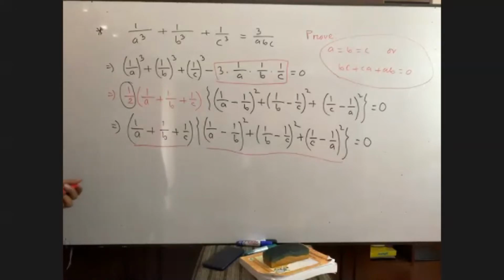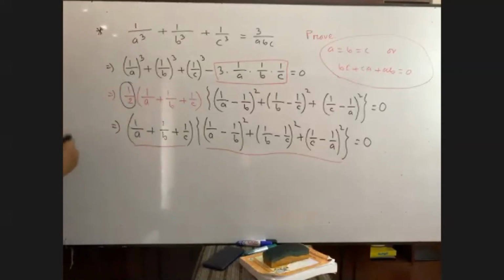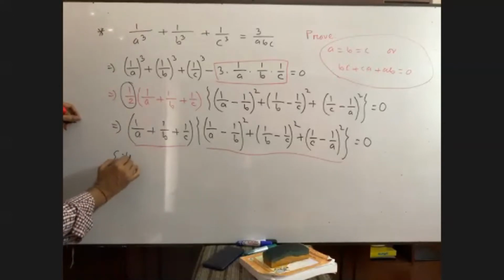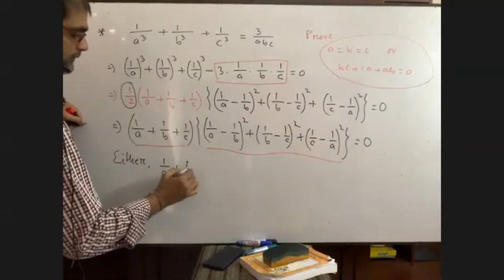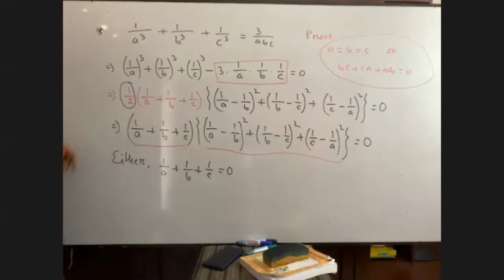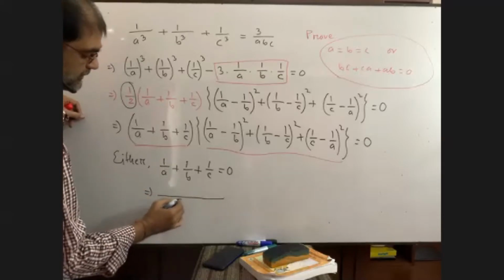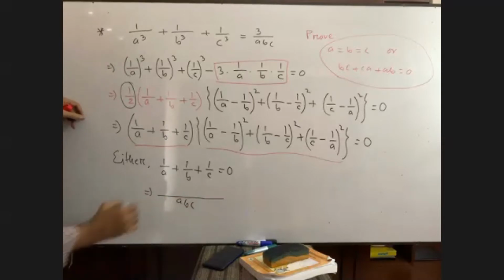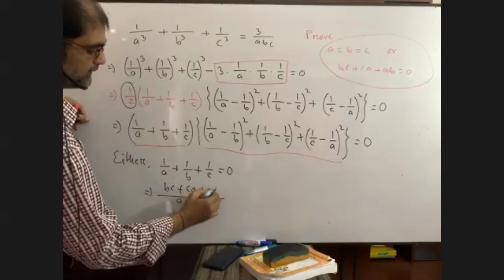Talk to me. Yes, sir. Now we are getting an expression in the left hand side of two factors. Write down either 1 by a, 1 by b, 1 by c equals 0. Okay. Yes, sir. Now we just calculate it at first. The calculation is what? abc is the LCM. Then we'll get bc, ca, and ab.